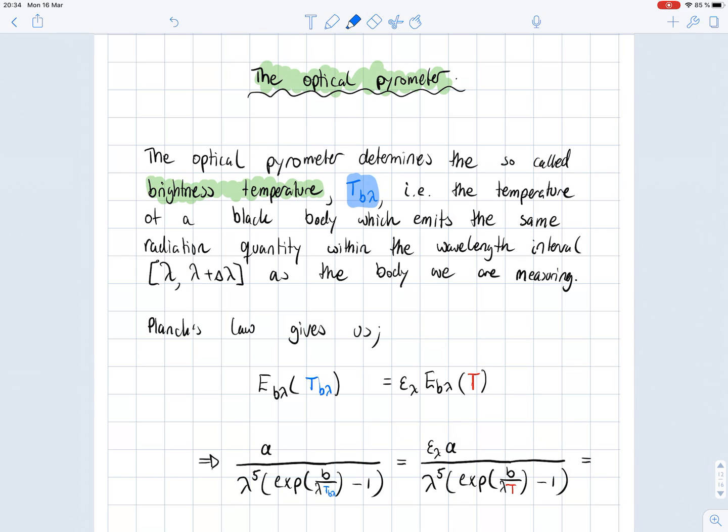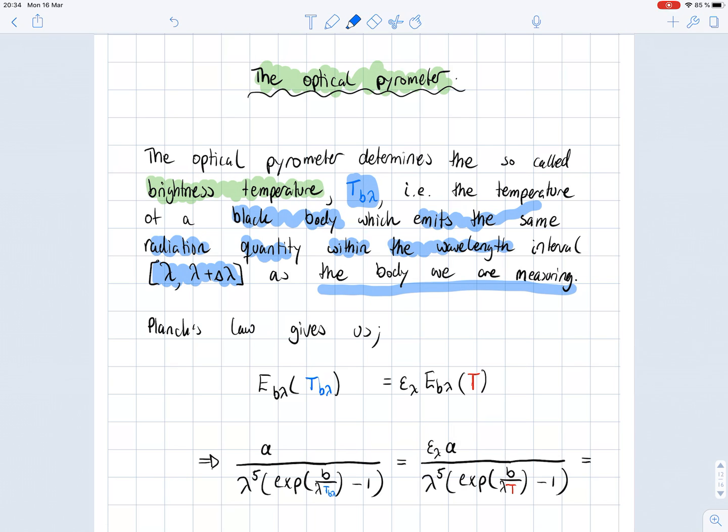This temperature is the temperature of a black body which emits the same radiation quantity within the wavelength lambda up to lambda plus delta lambda as the body we are measuring.